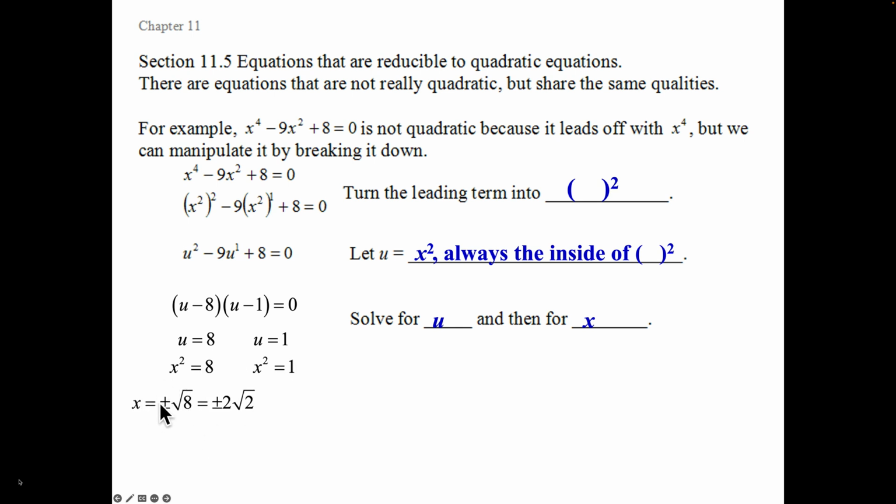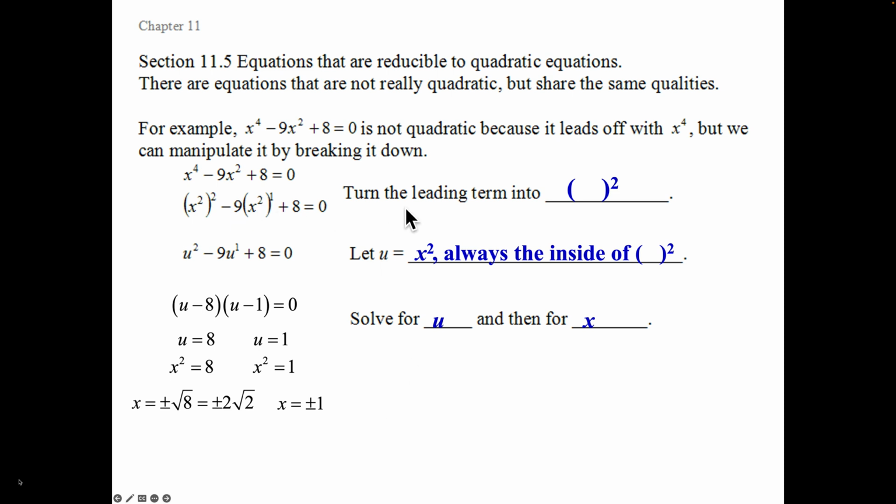We'll get x equals positive or negative square root of 8, which we can factor out of 4. The square root of 4 is 2. That will go out front. And here we'll take the square root of both sides and get x equals positive or negative 1. And there is my x to the fourth. Four possible answers: 1, 2, 3, 4. That's what the plus or minuses, or positive or negative, give us.